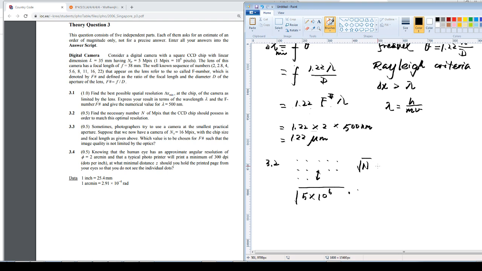So it's the square root of n times delta x equals L. 35 times 10 to the third over 1.22 squared.